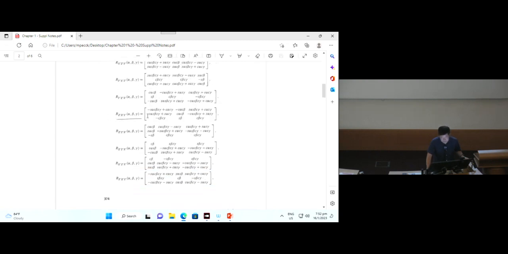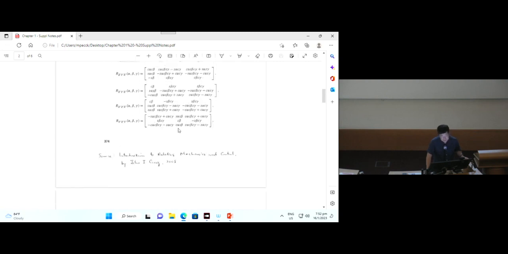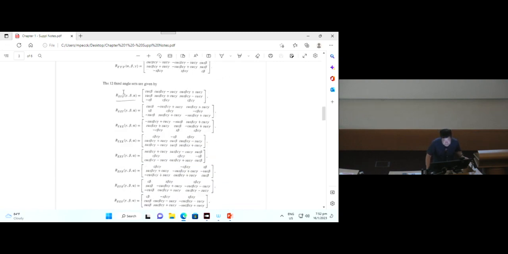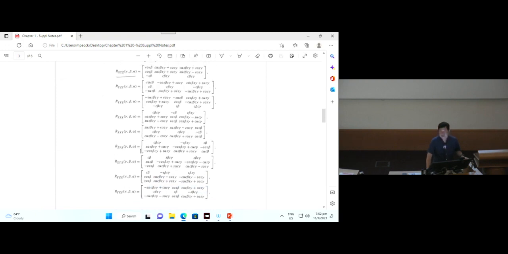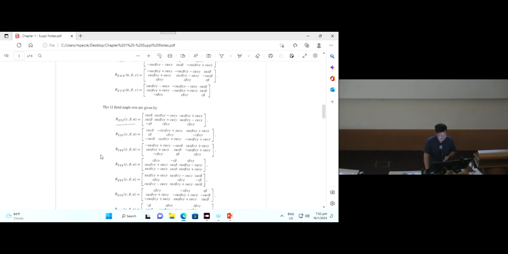Okay, so this is what we have gone through just now, the derivation. And then you have the fixed angle set given over here. X, Y, Z, X, Z, Y. So there are three combinations.